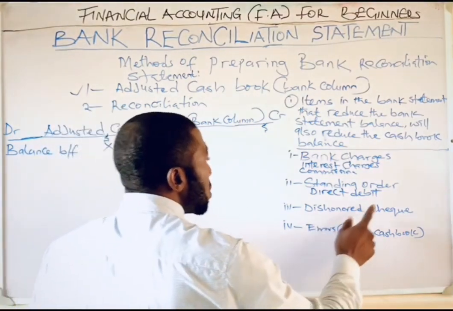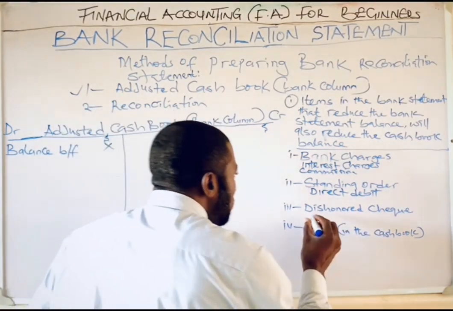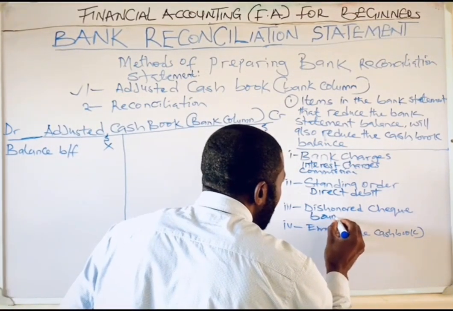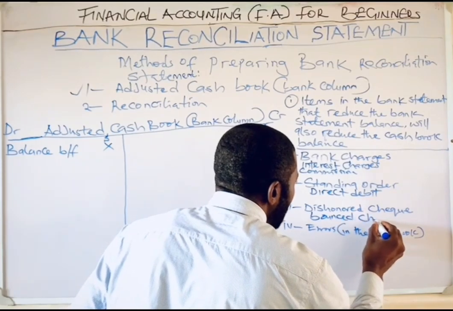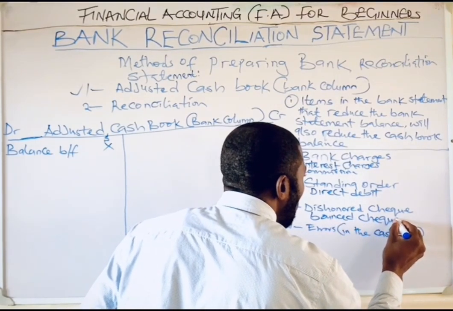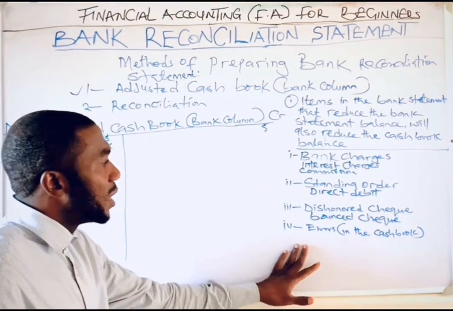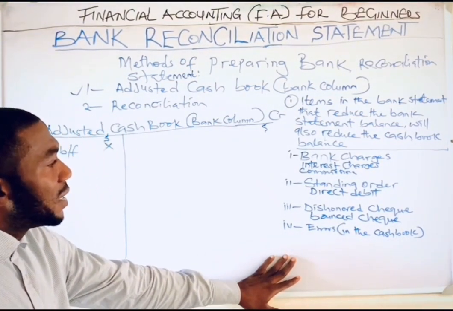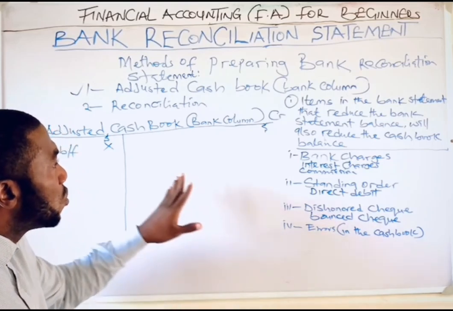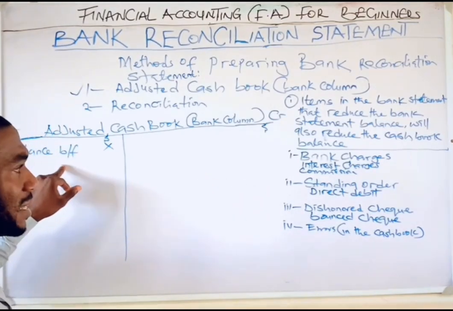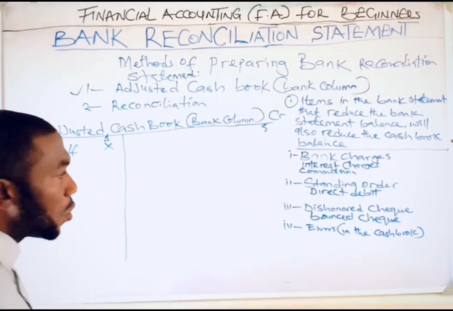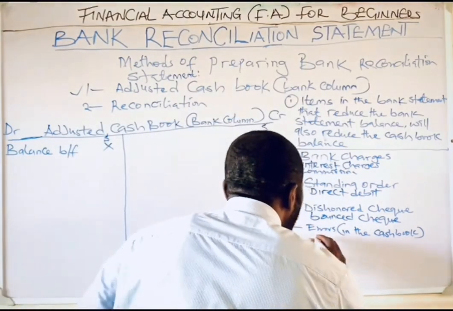So dishonored check, bounced check, all the same, or rejected check. And error, this error is the error that will reduce our bank balance in the cash book. So the error here is 1.